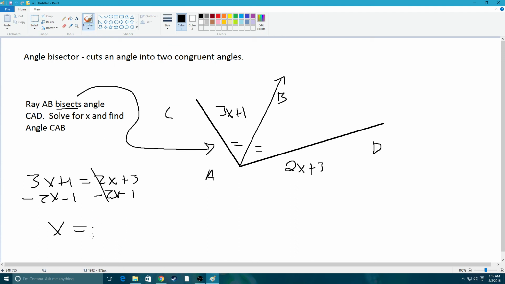So that means you've got x equals 2. And CAB is 3x plus 1. So I say, okay, 3 times 2 plus 1. Angle CAB is equal to 7 degrees.